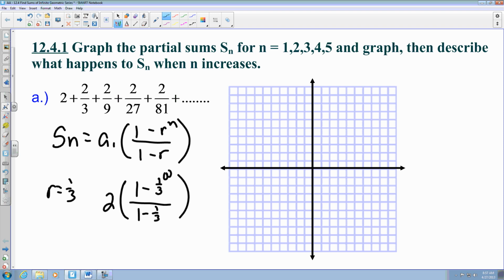There is no infinity value that you can punch in on your calculator, but say you took 1/3 to some really big power, like the 10,000th power. If you did that on your calculator, you would get a value of 0, because it's so many decimal places off the grid that it's so close to 0, let's just make it 0.